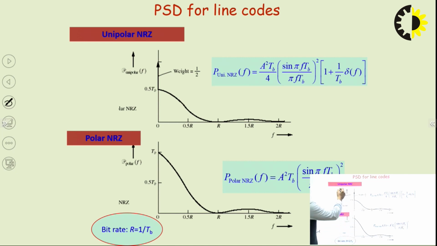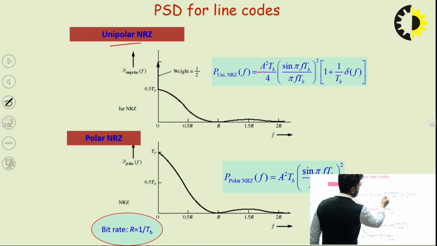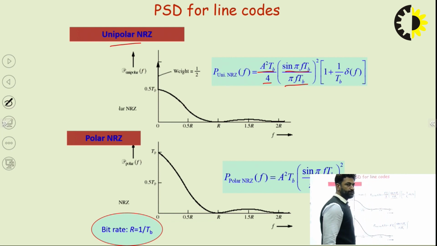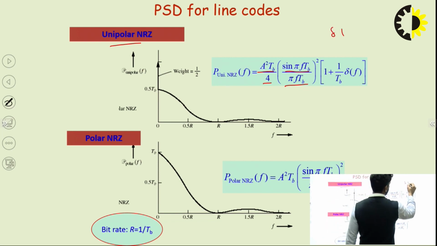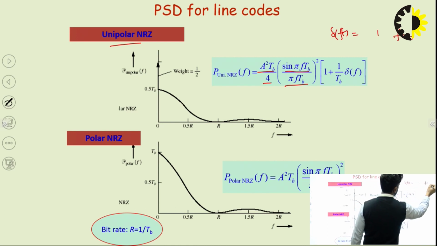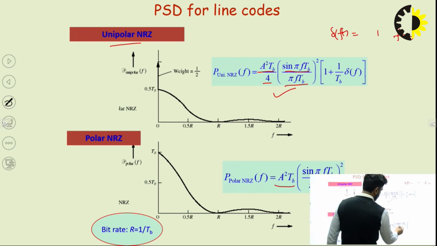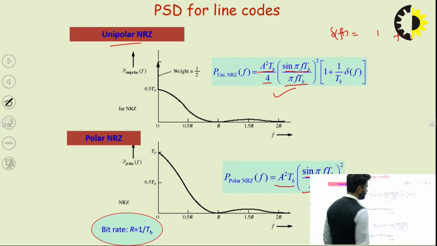Now, the PSD for unipolar will come out (A² T_B / 4)(sin(π f T_B) / (π f T_B))² (1 + (1/T_B) δ(f)). Now, δ(f) is our impulse signal which has value 1 at f equal to 0. Now, this is the PSD for unipolar, and for the polar it will come out A² T_B (sin(π f T_B) / (π f T_B))².